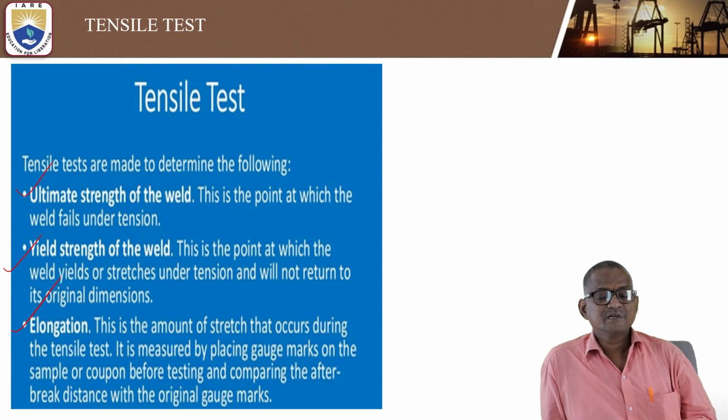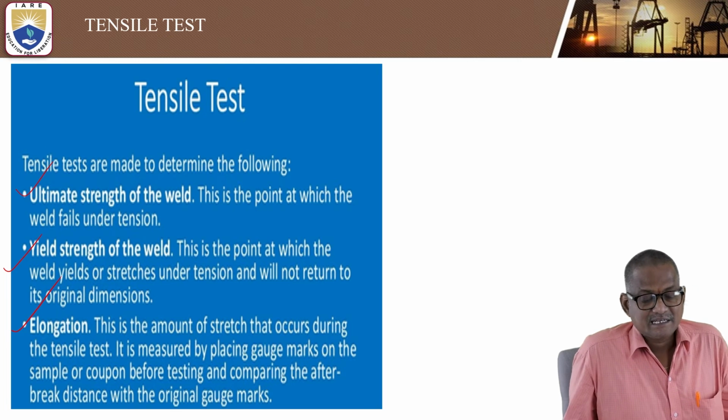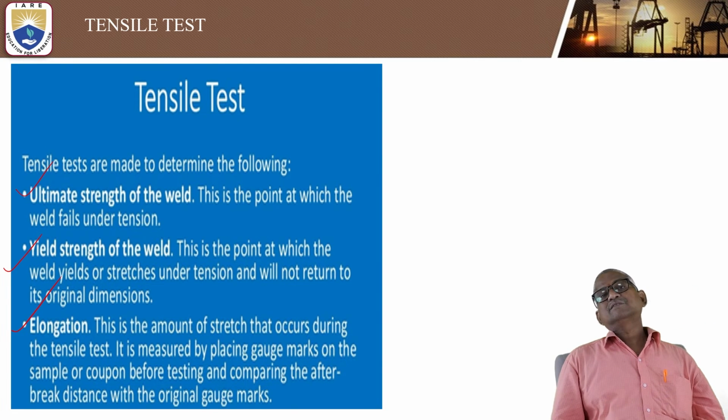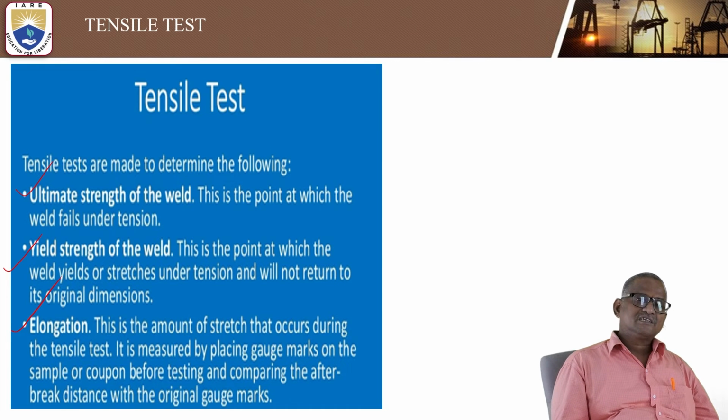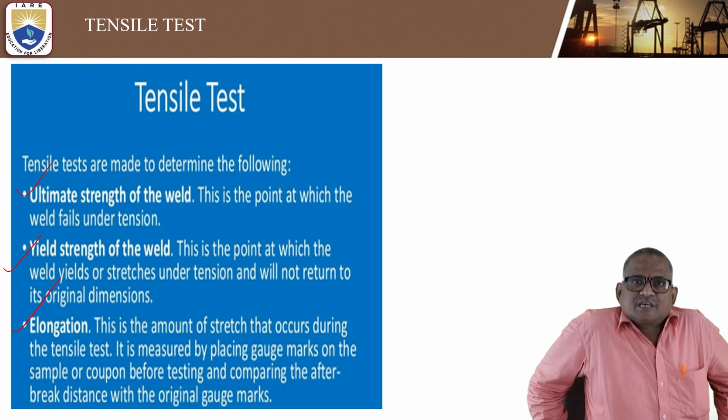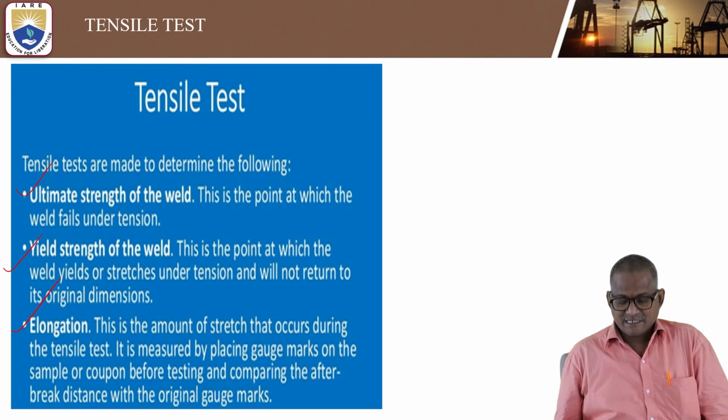I hope the students are clear about the important types of tensile test. In it, mainly the ultimate strength of the weld, the yield strength of the weld, and finally the elongation can be determined.